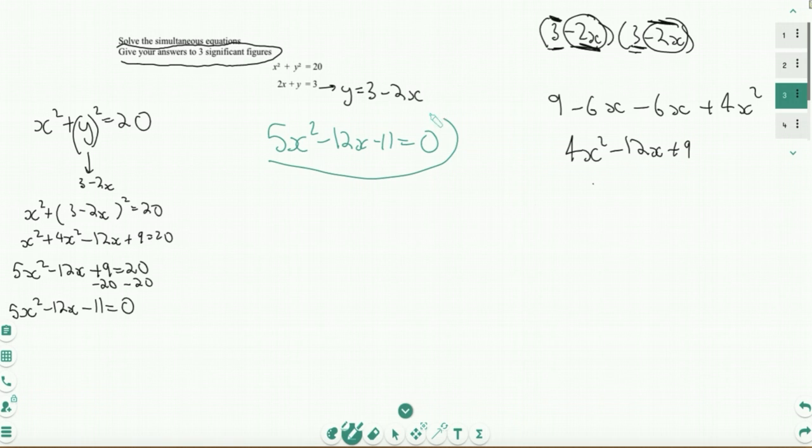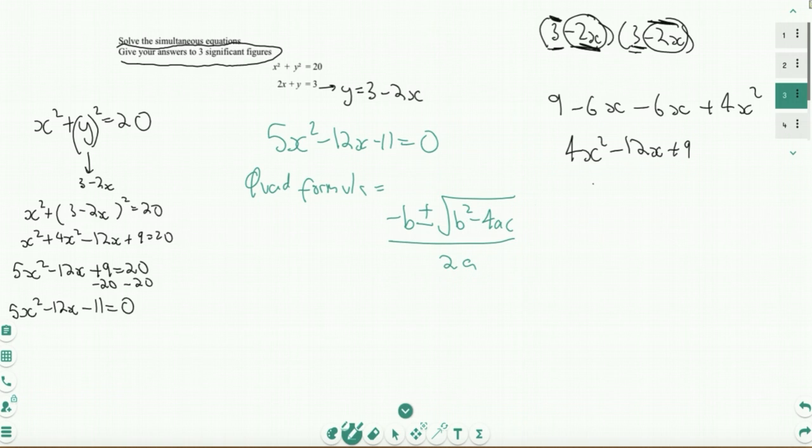In order to solve this quadratic, you have to use the quadratic formula. That's a little clue. If you're asked to give your answer to significant figures or decimal places, you must use the quadratic formula, which is in your formula sheet: minus b plus or minus the square root of b squared minus 4ac over 2a.